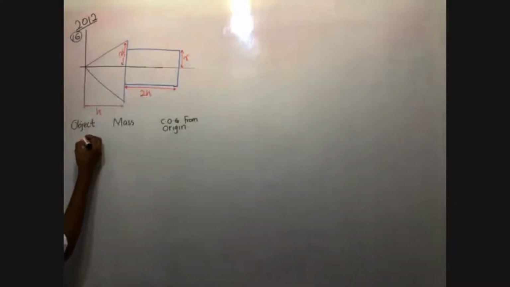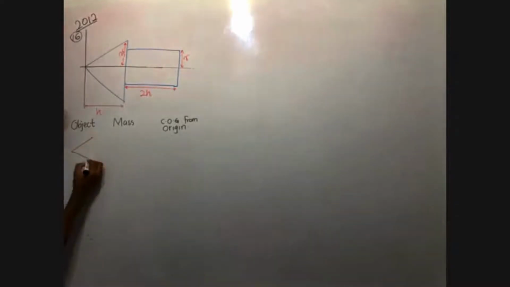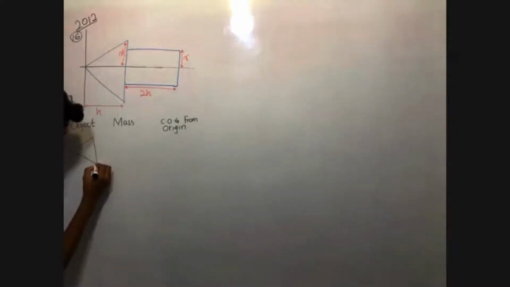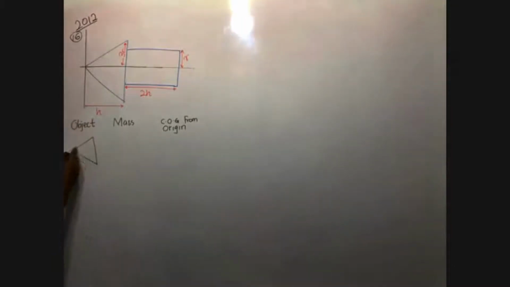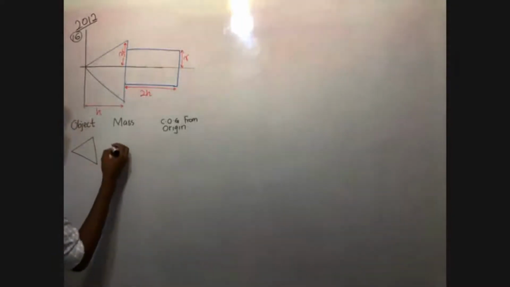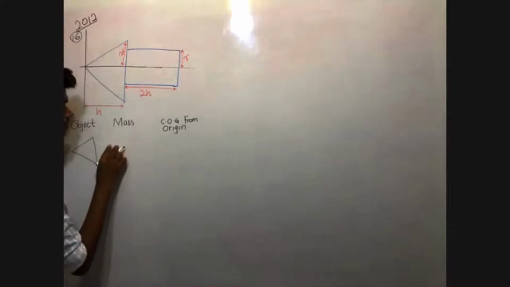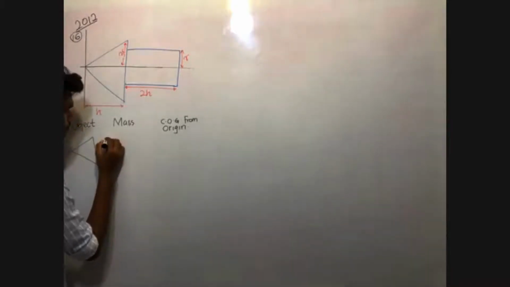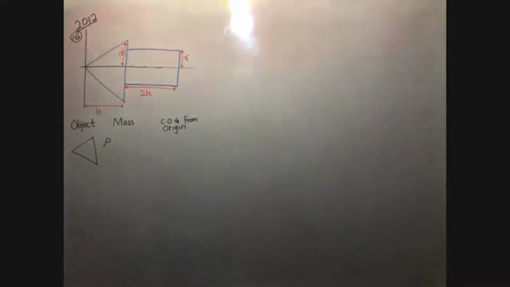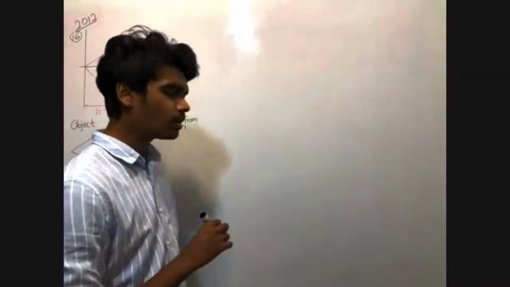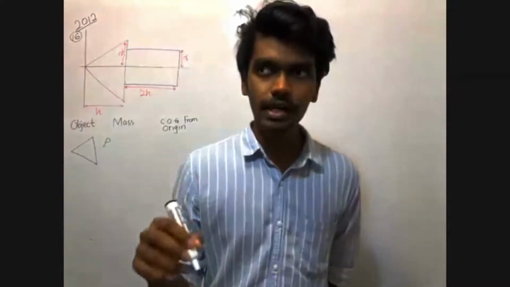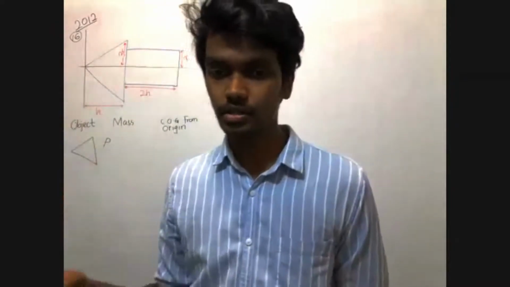What is the first object? The cone. The mass of the cone, how do we write it? Density into volume. So how do we write the volume of a solid cone? 1/3 pi r squared h.